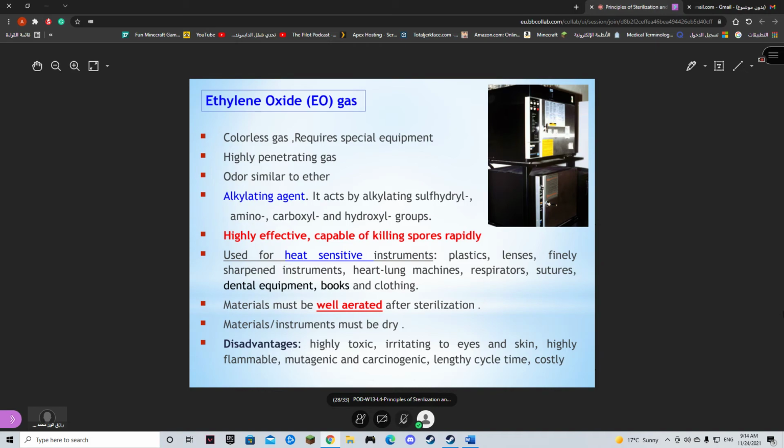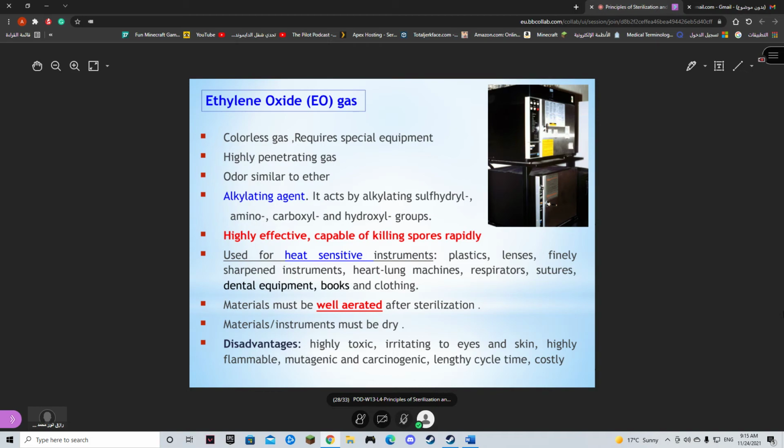So highly penetrating gas, but you have to be careful because they are very explosive. If you use it in high concentration, it will cause an explosion. So you are not supposed to use it alone, you have to put another gas with the ethylene oxide.